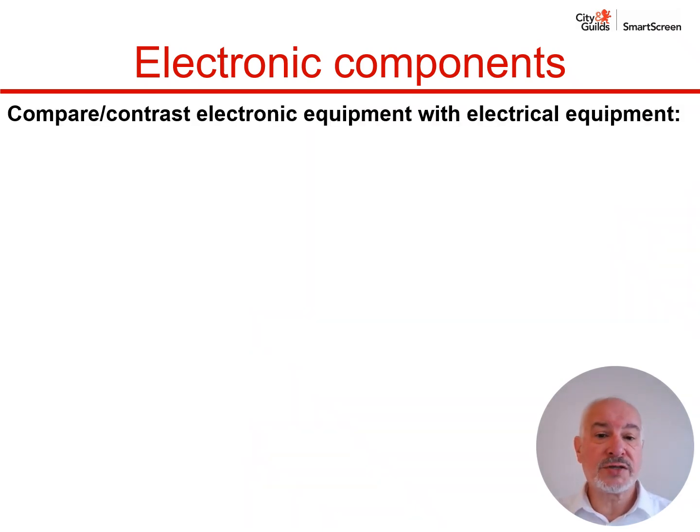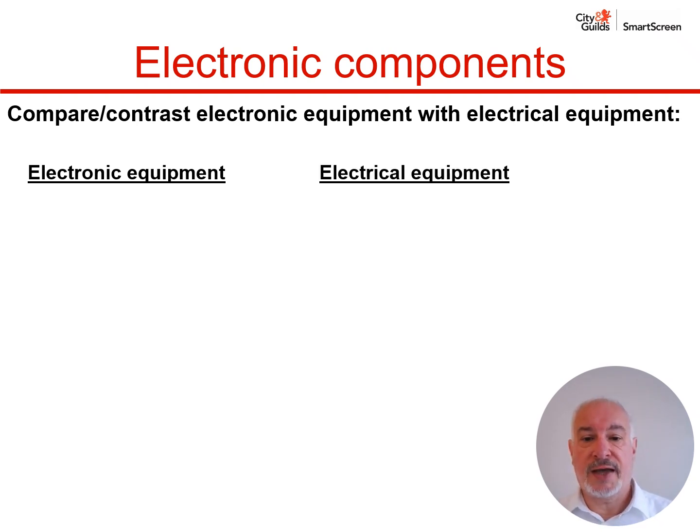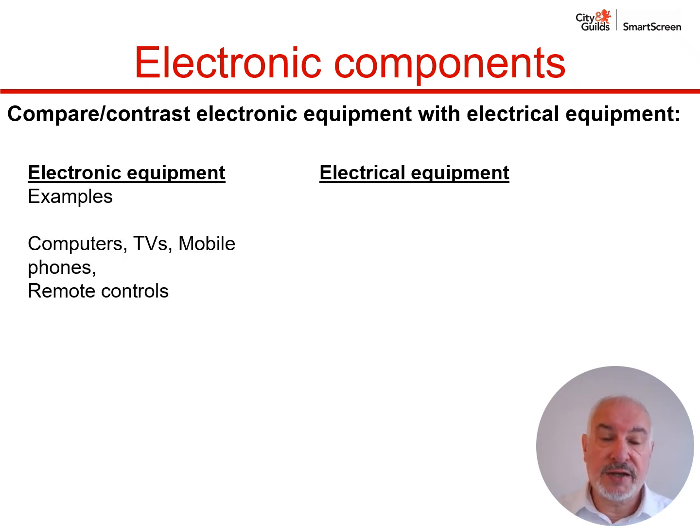Now we're just going to have a look at the differences between electronic equipment and electrical equipment. So we'll have two columns. We've got electronic equipment on the left and electrical equipment on the right, and we'll just think about a few examples of each first of all. So with electronic equipment, there's things like computers, TVs, mobile phones, remote controls.